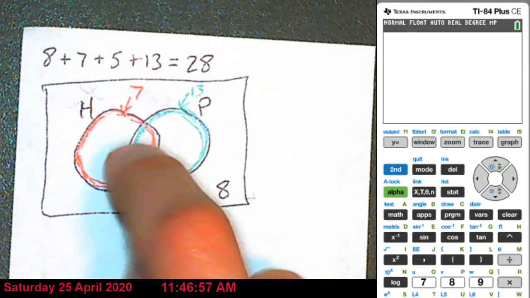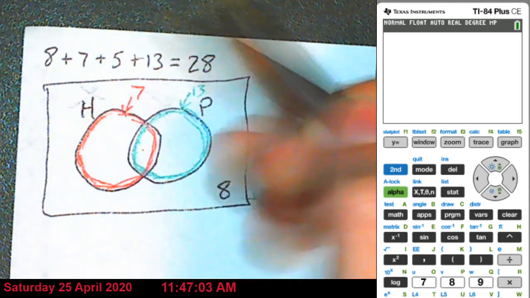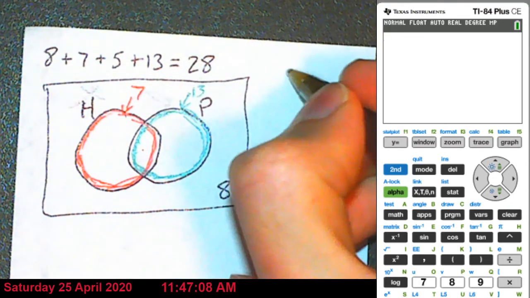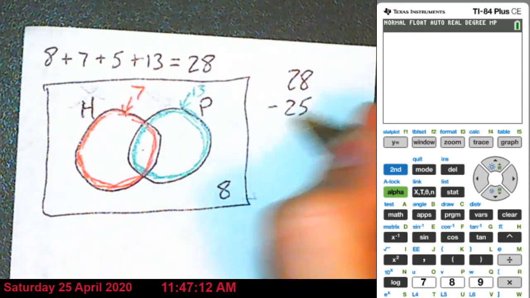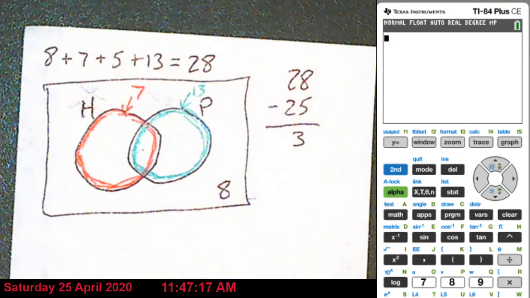So the people who are in the middle in both got double counted. And we can figure out how many people got double counted by just looking at how many more people we had than what we expected. So if we do the 28 that we have minus the 25 that we know we really have, it turns out that 3 people were double counted.